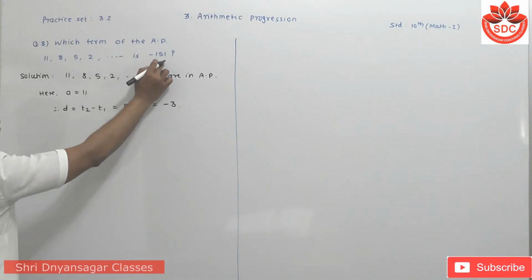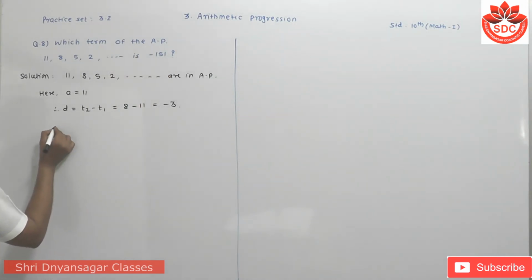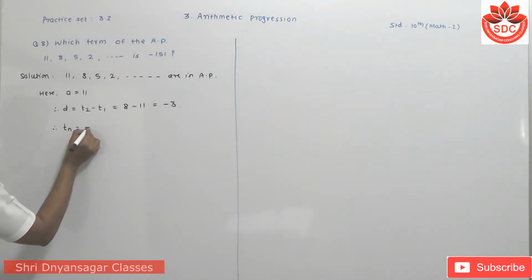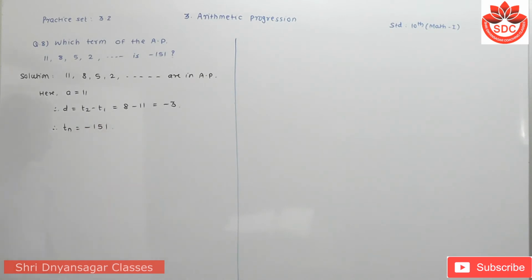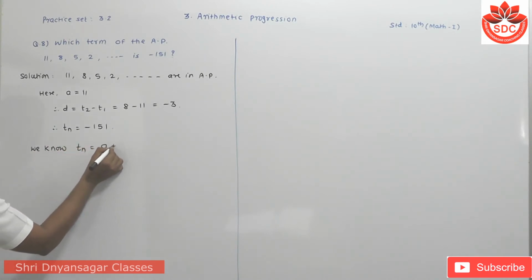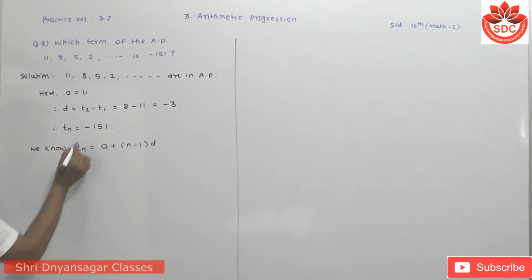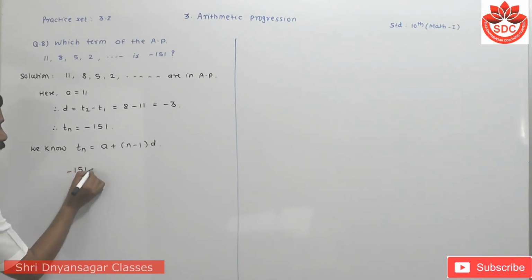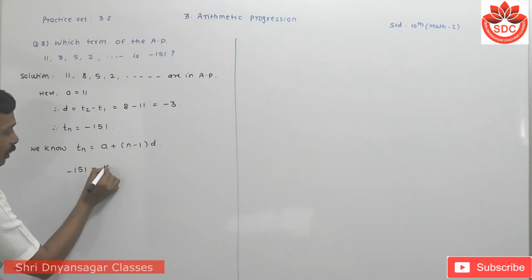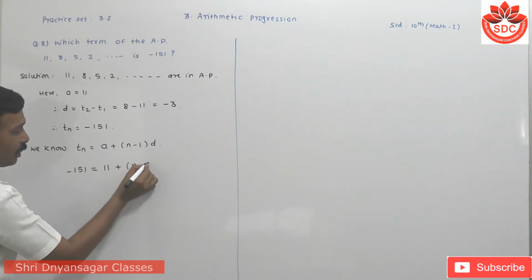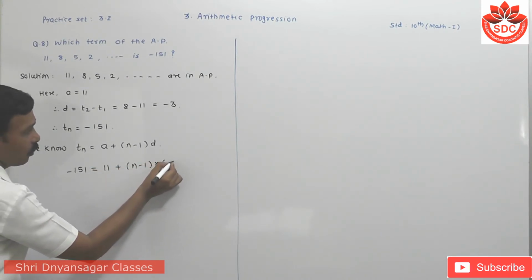And here the last term is given as minus 151, means the nth term is given as minus 151. Then we know the formula: nth term is equal to a plus n minus 1 into d. We substitute the values here. This becomes minus 151 is equal to a is 11 plus n minus 1 into d is how much? Minus 3.